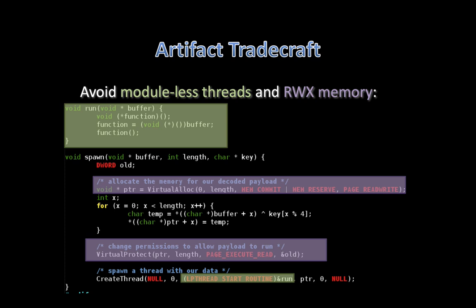For avoiding a modulus thread, in this case, I do have a need to create a thread. That's why I'm not just casting my allocated memory to a function pointer and calling it. Instead, I create a thread, and I have it call a function inside of my executable called run, and that function takes its argument, which is the pointer to my beacon reflective DLL package, and casts that to a function pointer and calls it.